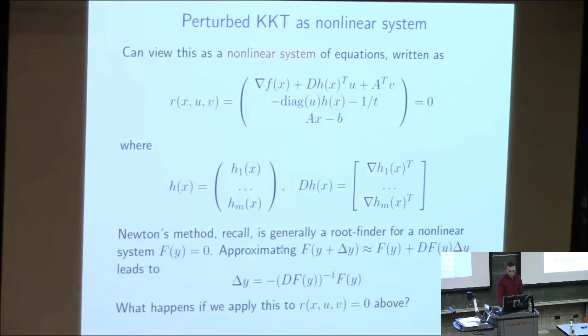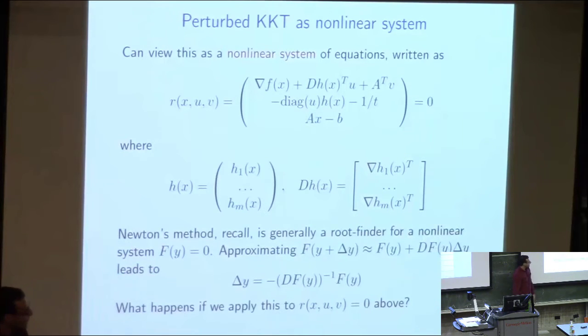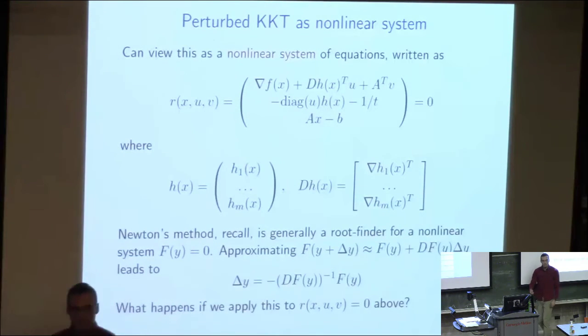So we talked about Newton's method for optimization, but in that lecture I emphasized that Newton's method, maybe originally, and at its most basic, is actually a general method for finding roots of a nonlinear system. So let's suppose our system was called f of y equals 0. Then Newton's method makes essentially a linear approximation at every single iteration to this function around the current iterate y.